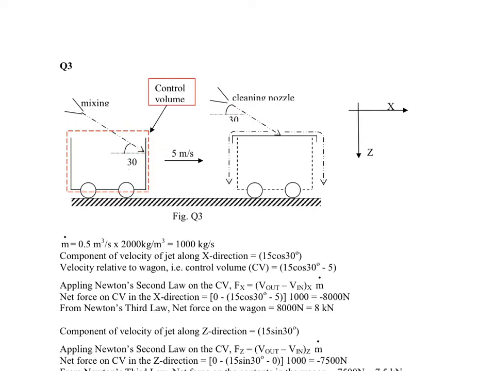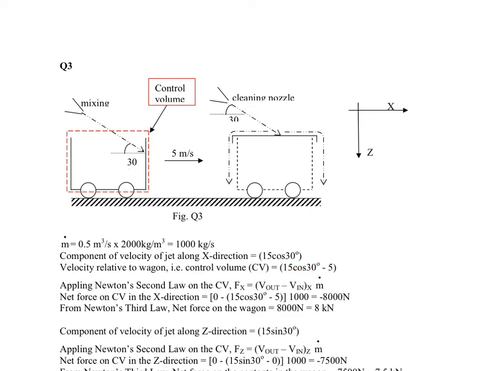We are looking for the horizontal component. But remember, we have to consider the relative velocity of the wagon. So we apply a stopping velocity of 5 meters per second. As a result, the velocity of the mixing jet also has to be slowed down by the same amount. And this is the important point. The velocity relative to the wagon is 15 cos 30 minus 5.